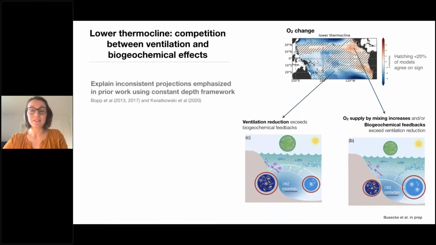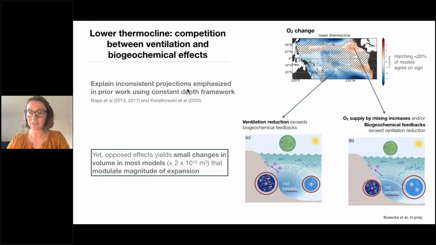But in the OMZ, as has been reported before, you have either more supply by mixing or biogeochemical feedback that takes over. And that makes that balance and the uncertainty between models. And that explains the inconsistent projection that has been emphasized in prior work that, by the way, used a constant depth slice and not those thermocline boundaries that move with the OMZ.